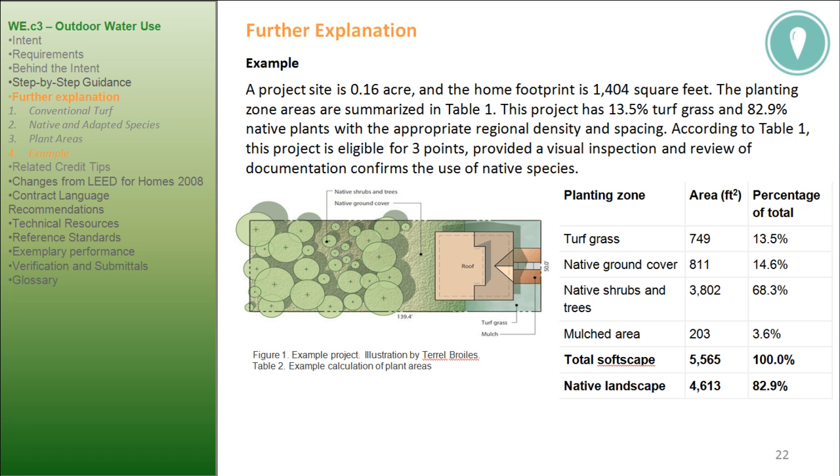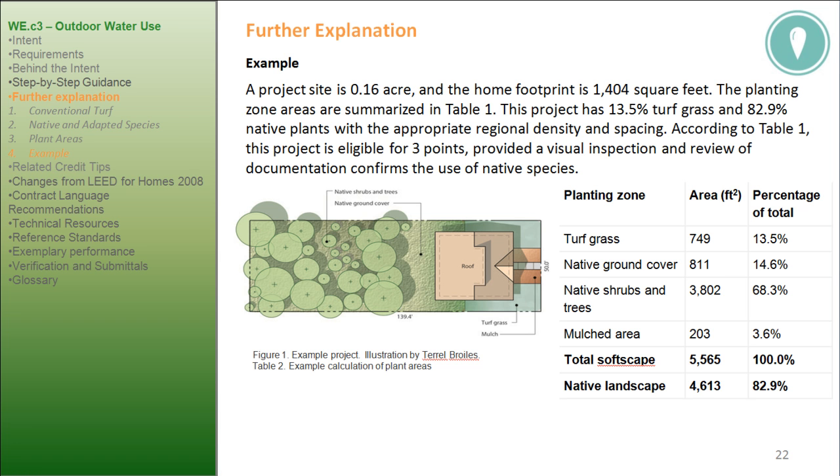Table 2. Example calculation of plant areas. Planting zone, area in square feet, percentage of total. Turf grass, 749 square feet, 13.5%. Native ground cover, 811 square feet, 14.6%.